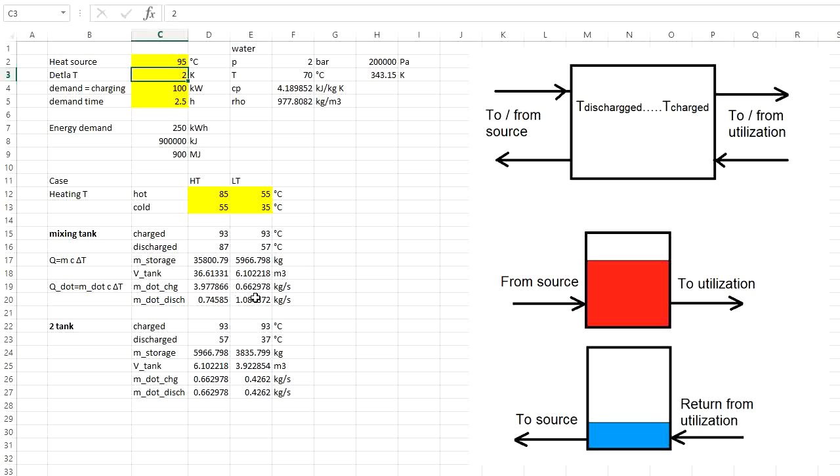Also, the required mass flow rates increased quite a lot. You can see, especially for the high temperature case, if we have the large temperature difference, the mass flow rates did not increase that much, and for the discharging they are quite similar.